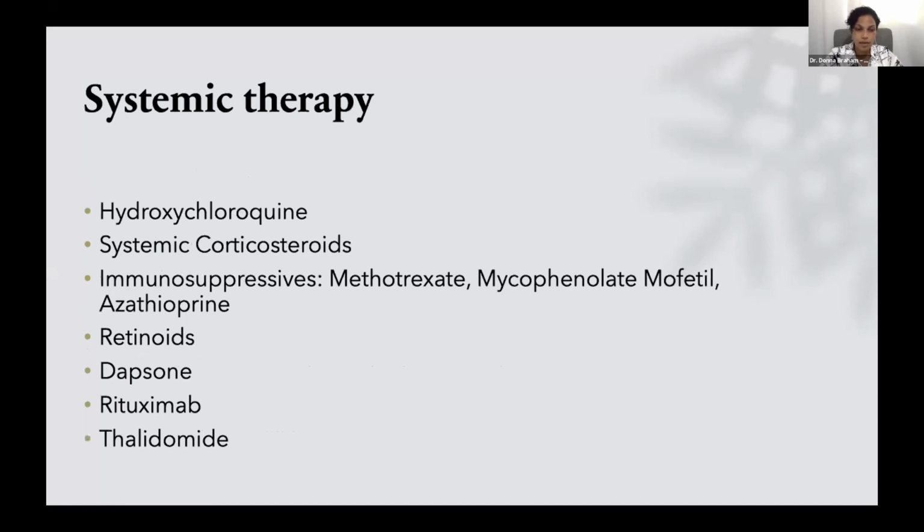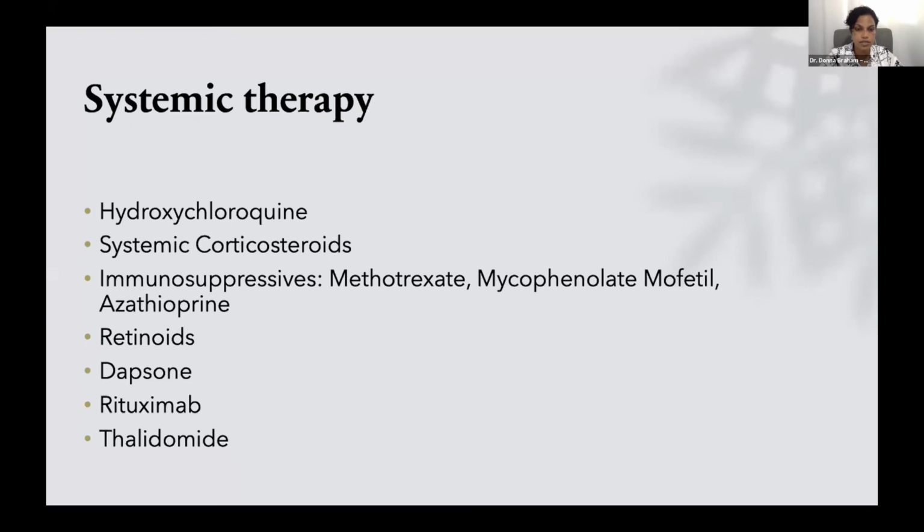Systemic therapy: all patients with systemic lupus erythematosus as well as with discoid lupus should be on hydroxychloroquine unless there's a contraindication, as this has been shown to decrease the severity of their symptoms, especially to decrease the risk of the nephritis and cerebritis.